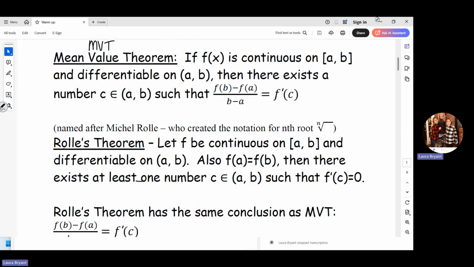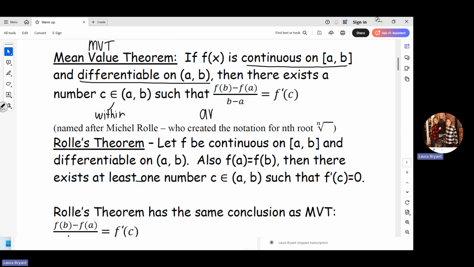And what it says is if f of x is continuous on an interval from a to b, and I want you to notice it's corner brackets, a closed interval from a to b, and differentiable on a to b, and that's open parentheses, an open interval from a to b, then there exists a number c within, or between, the endpoints such that the slope equals the derivative at that point c.